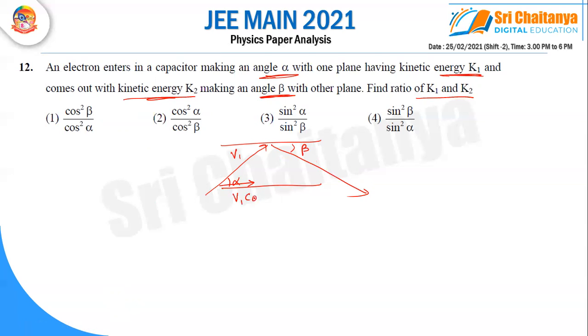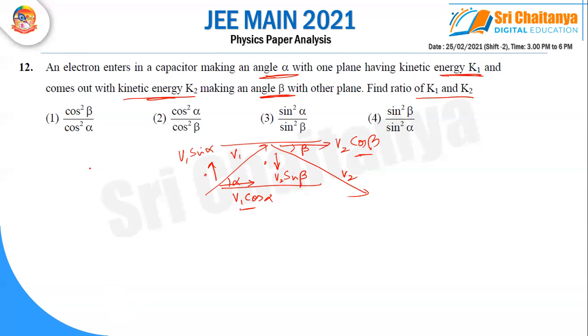Now V1 cos alpha is the horizontal component and V1 sin alpha is the vertical component, which I'm not interested in. This is V2 cos beta, and this is V2 sin beta. Here the horizontal components should be equal, while the vertical components are oppositely directed, so there is a change in the vertical component.